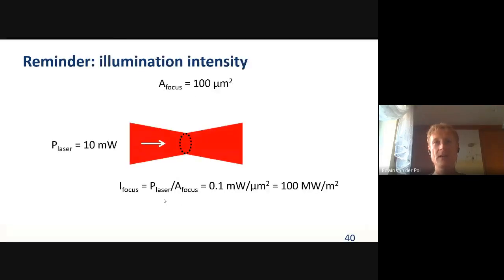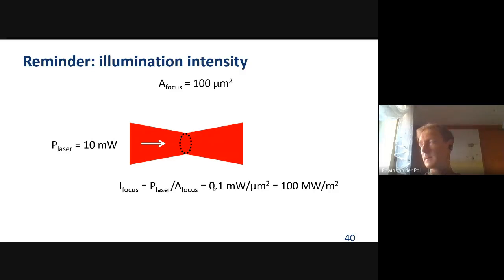Just a reminder about some basic optics, and perhaps something you heard last lecture from Dirk. Illumination intensity: if you take a laser, for example, with a power of 10 milliwatts, and you focus it to an area of 100 micrometers squared, as depicted here schematically, then the intensity, which describes how much power we have per area, is just a division of these two, 0.1 milliwatt per square micrometer.